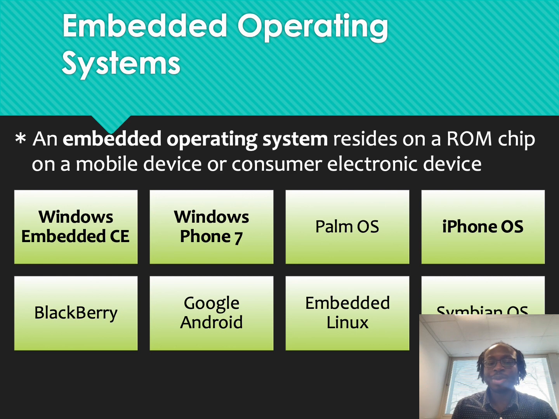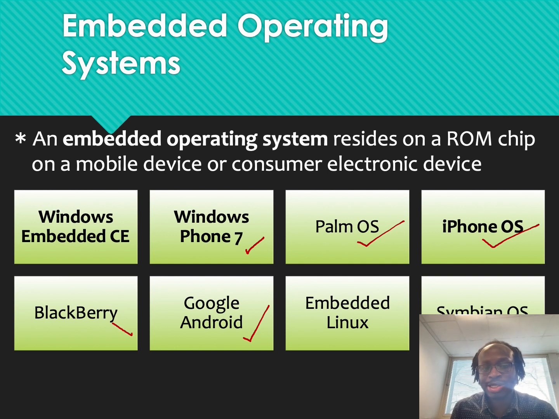Then the embedded operating system examples. If you use Windows Phone, or an Android phone, you have used an embedded operating system before. Android is open source. If you use Apple, you've got the iPhone iOS as well. Palm OS, a slightly older technology.